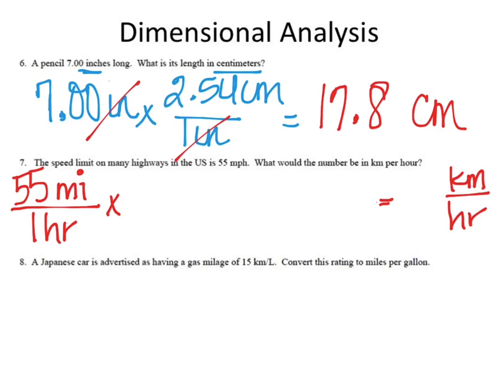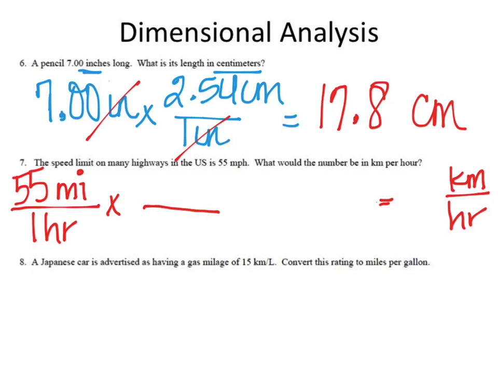So we need to convert miles to kilometers. We can go from miles to meters and then to kilometers, or we can go directly to kilometers. Which one do y'all want to do? All right, let's go to meters and then kilometers.